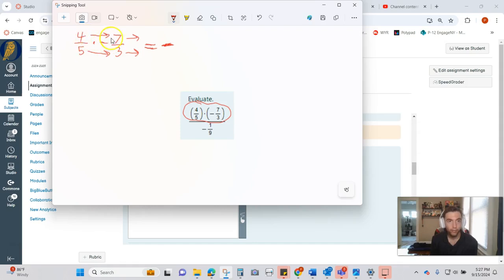So now let's multiply the numerators together. What's 4 times 7? Yeah, it's 28. What's 5 times 3? Bottom number times bottom number to get the new bottom number. Yep, it is 15.